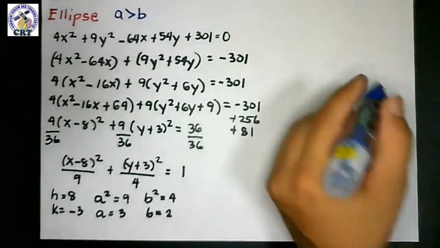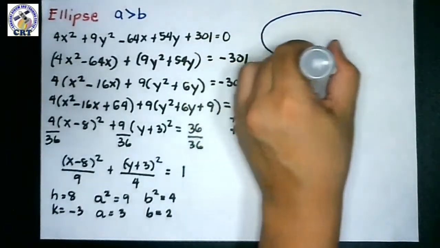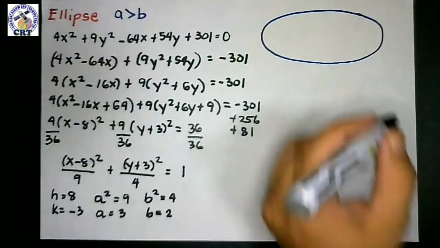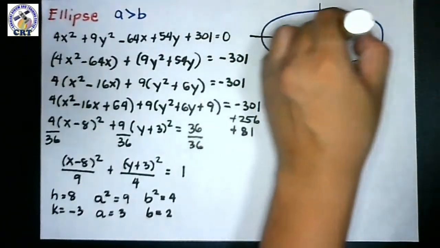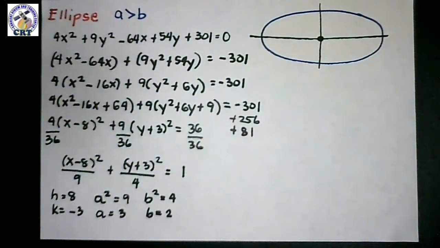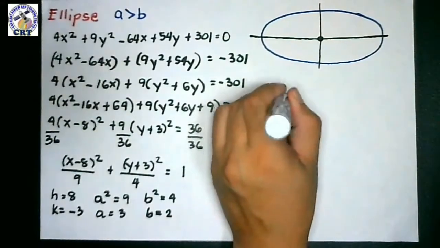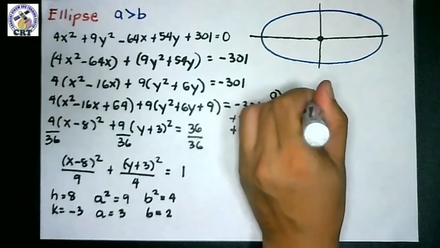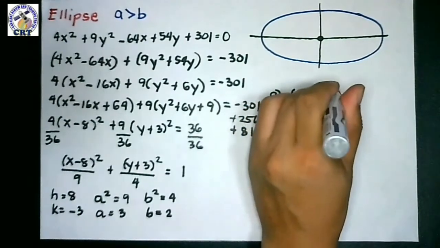Therefore, ang ellipse natin, yan ang ellipse natin, pahiga. Okay? So, ito yung illustration natin ng center. So, to answer letter A, coordinates of the center, yun na yung HK, which is 8 and negative 3.